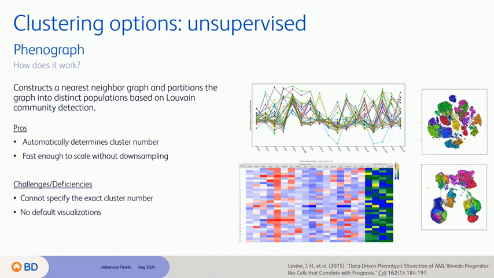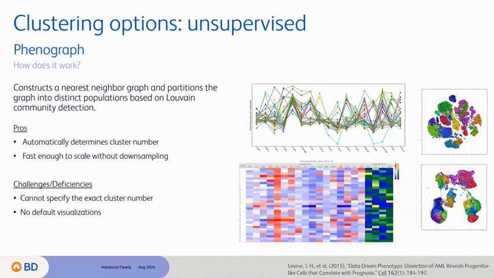And this Louvain method is an optimization algorithm, and it's used to detect communities or clusters in these networks. So through this process, Phenograph can identify those groups of densely connected cells within the graph, which correspond to those distinct cell populations or clusters.